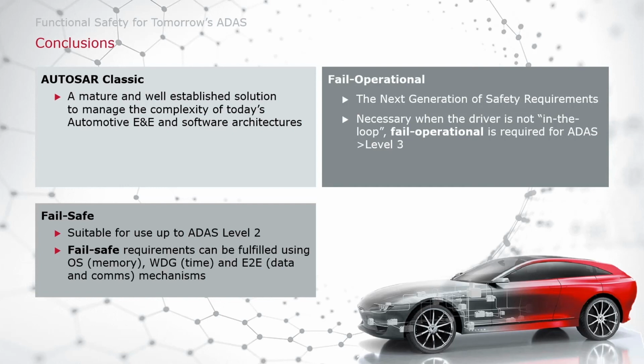But if we want to move beyond ADAS level 3, then we need a new generation of safe software, and this means fail operational software where we avoid faults in the software and the driver is not in the loop anymore.